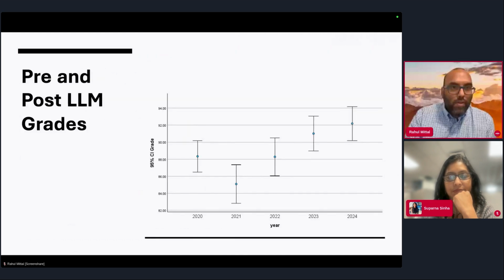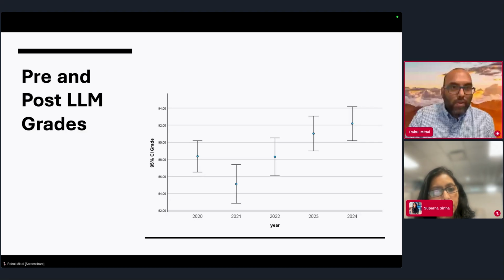So this is something that I've been working on. As you can see, since the introduction of large language models in 2022, these are the grades that the students have been getting since I've been running this course.